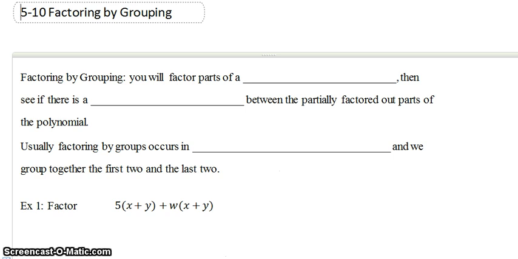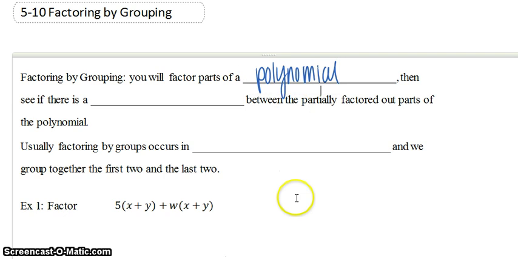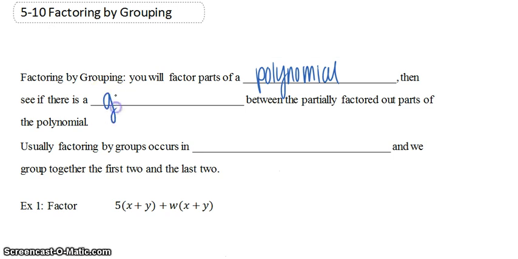Okay, so factoring by grouping. You will factor parts of a polynomial, then see if there is a greatest common factor, or GCF, whichever one you want to put, between the partially factored out parts of the polynomial.